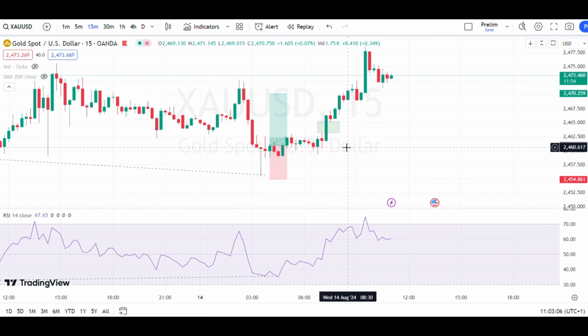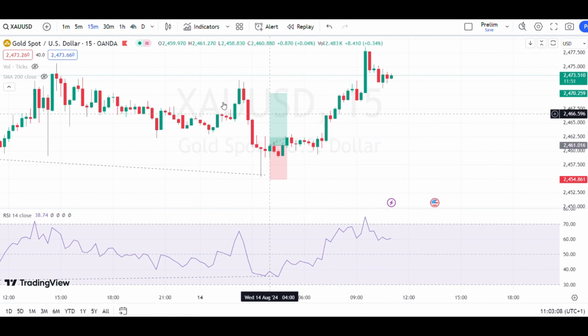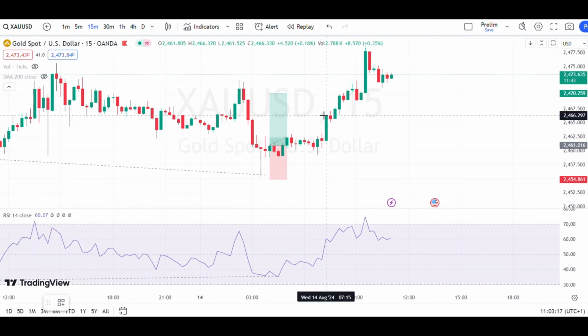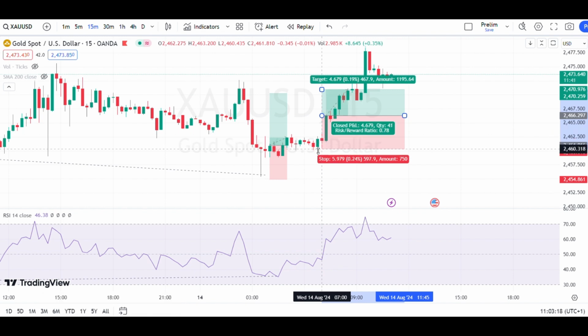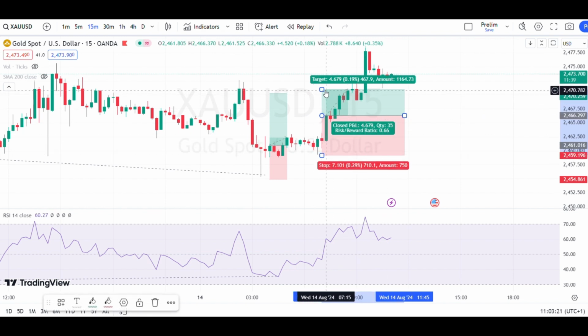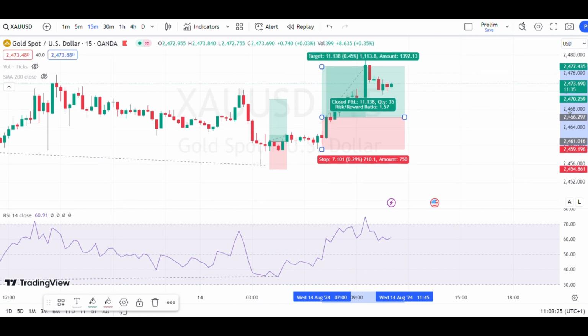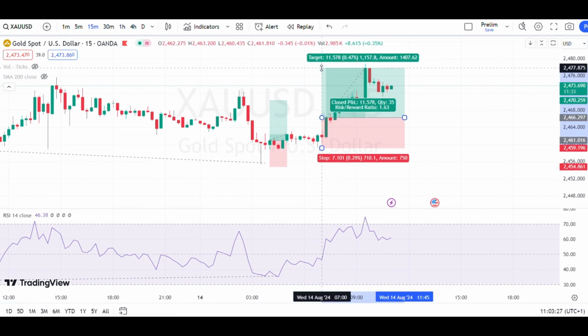So this makes it a very strong point. So if we take our long positioning tool, and then we place it here and bring this to the bottom here, and then take this to the top, right? Will this have given us our 1.5?